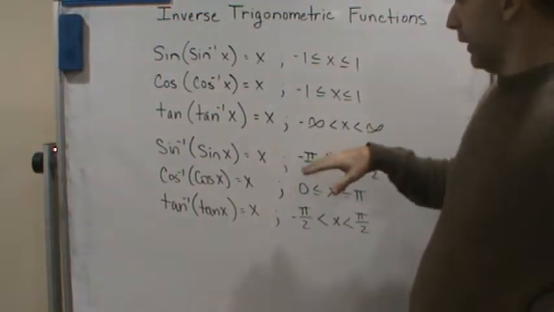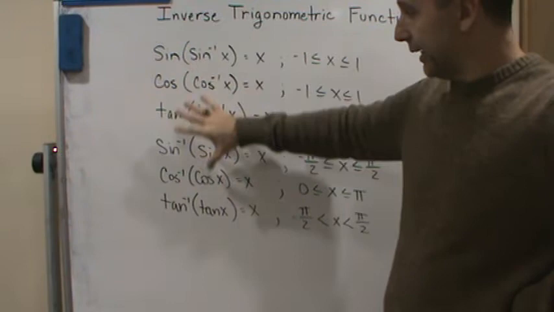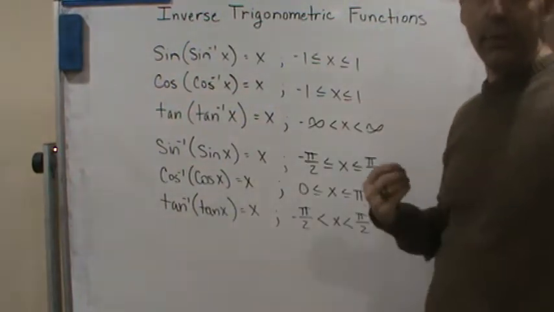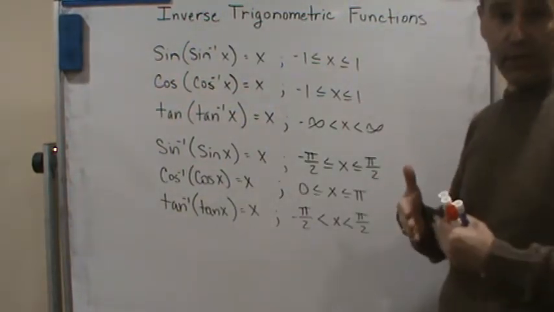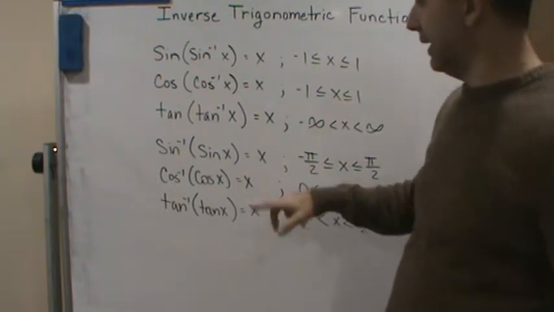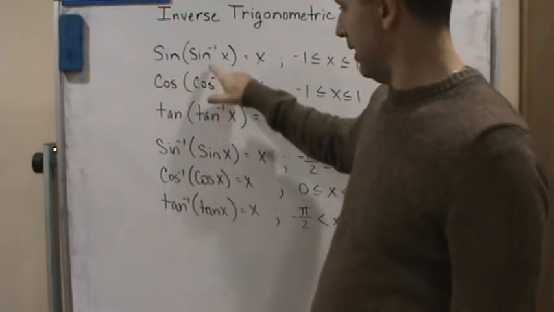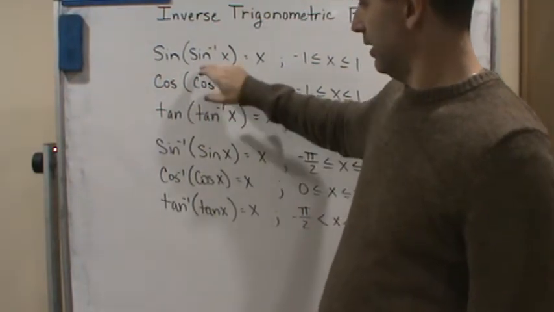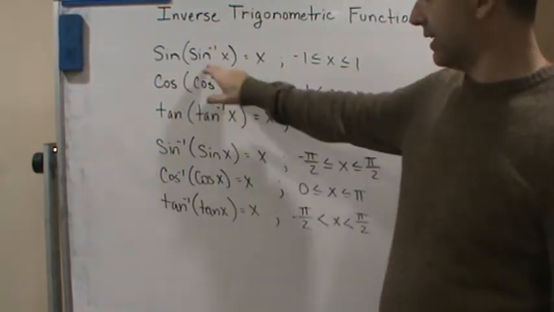So again, when you look at a composition of functions, the domain is going to be restricted by the intersection of both functions. Or in this case here, it's restricted by the inside function.